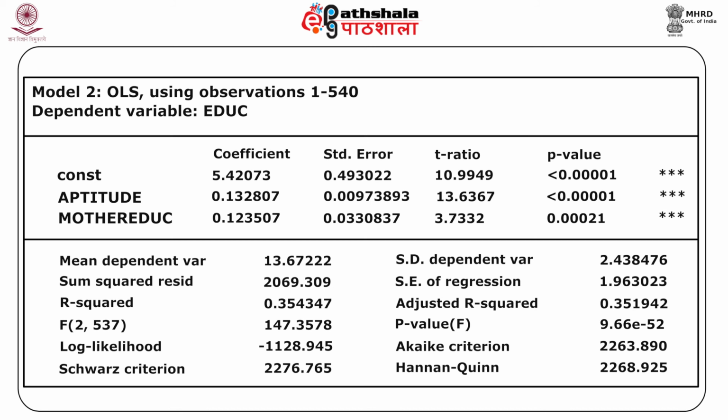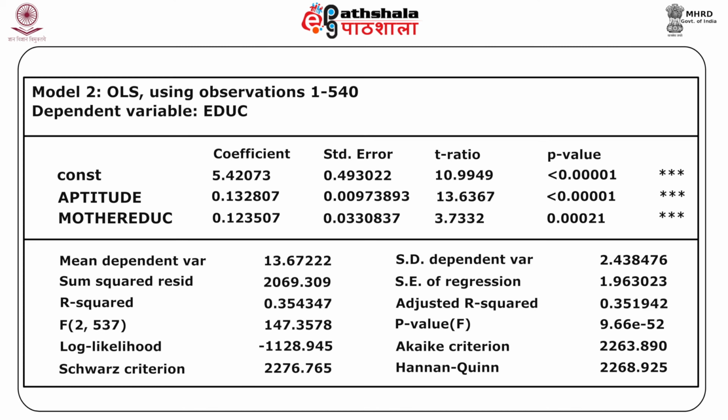Adding another variable would further influence the overall fit. In model 3, we add another variable, that is father's education. Although there is not a significant increase in R square, it is enough to claim that as we keep on adding more explanatory variables, the overall fit improves.